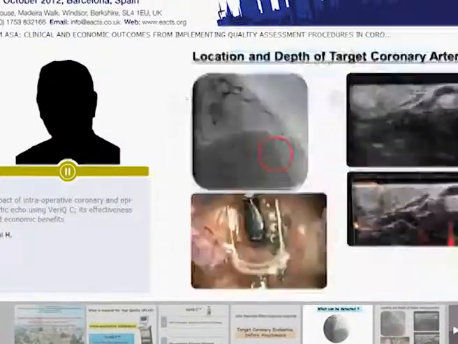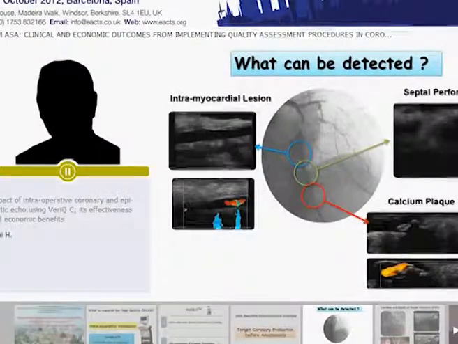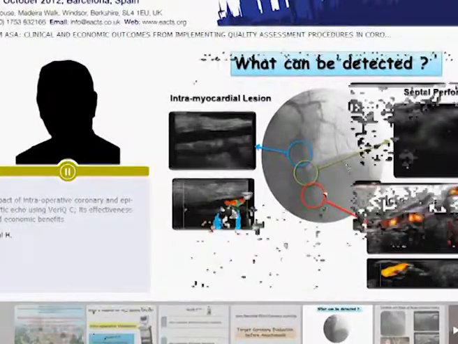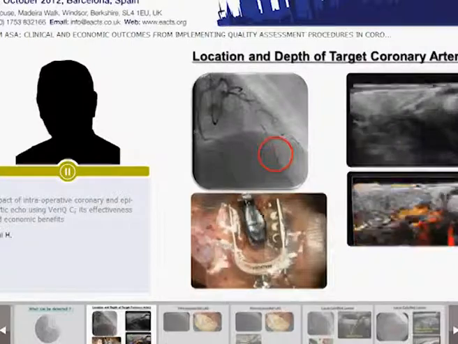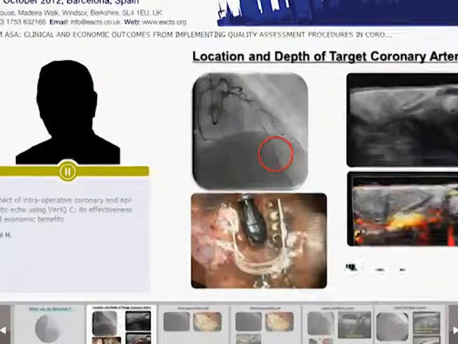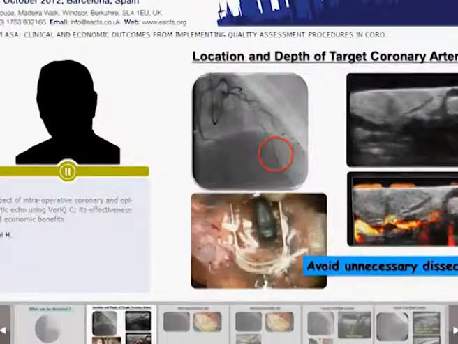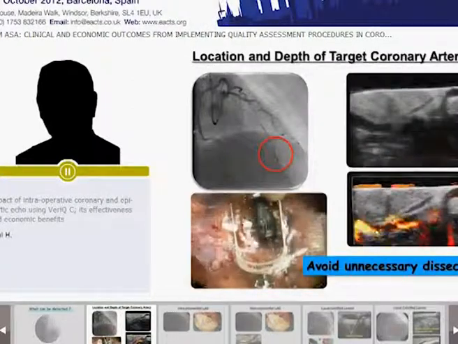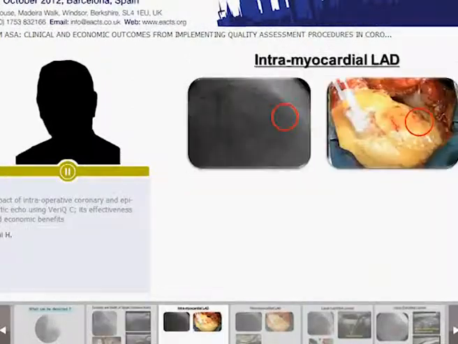If there is a calcium plaque, we can easily detect it. In this case, the location and depth of the target coronary artery is easily recognized, so I can avoid unnecessary dissection.